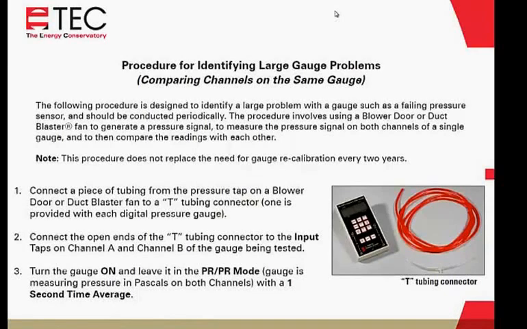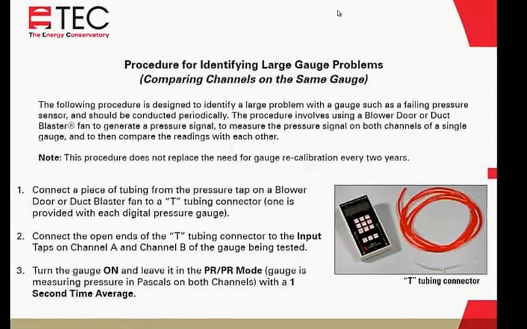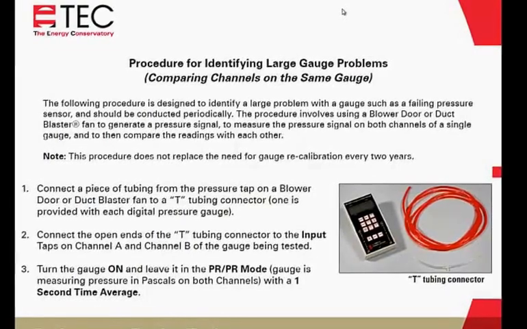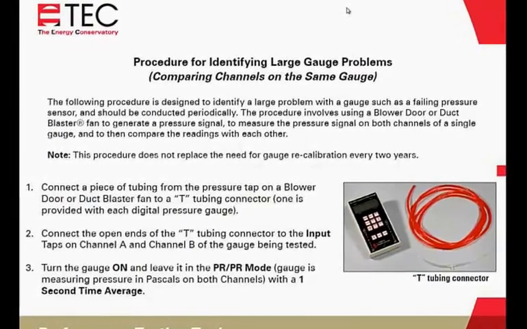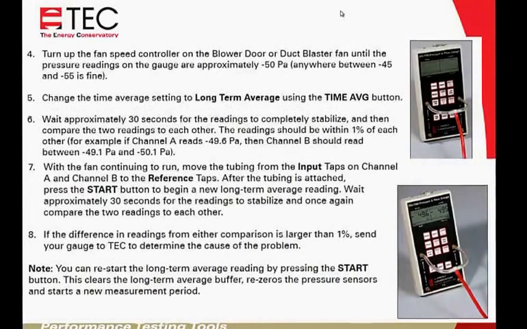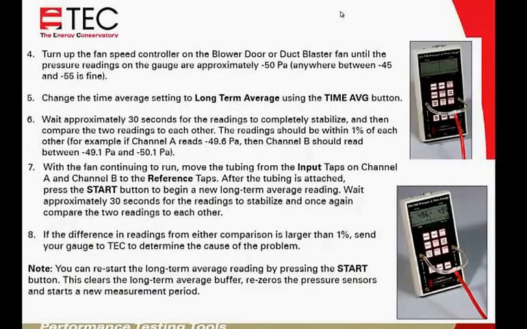We'll have them power their gauge on, keep it in the pressure mode, set on a 1 second time average, and then crank up the fan speed.